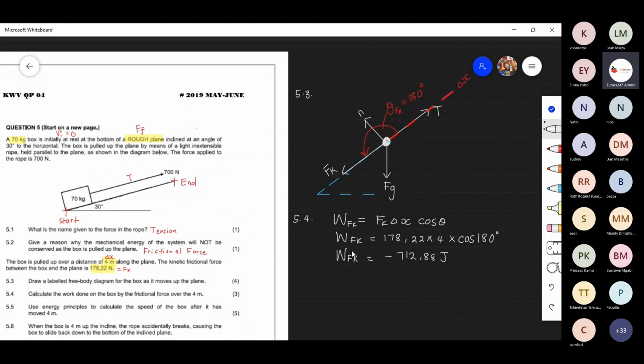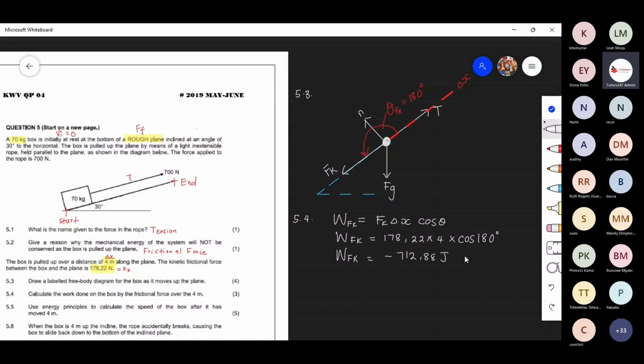Okay, now a lot of people struggle with the concept of why are we not taking direction? Keep in mind that the formula basically took into consideration direction for you, because cos of 180 is just -1.